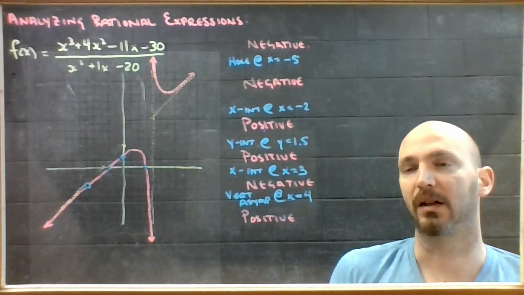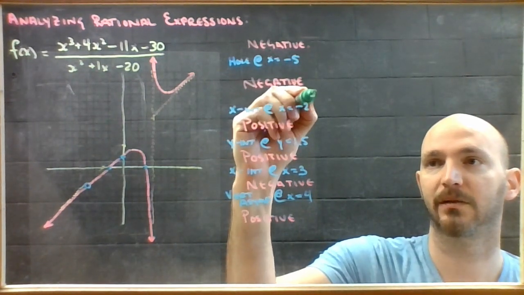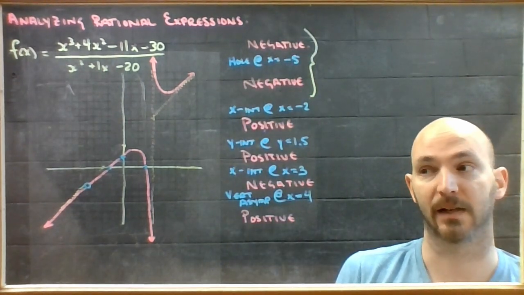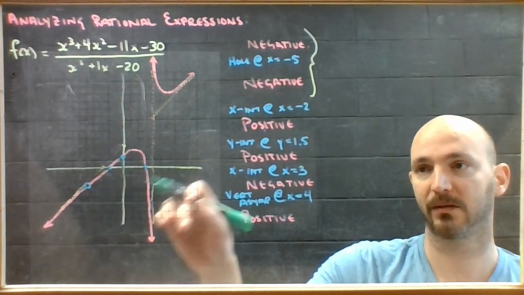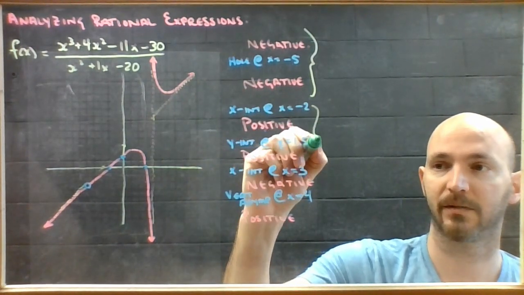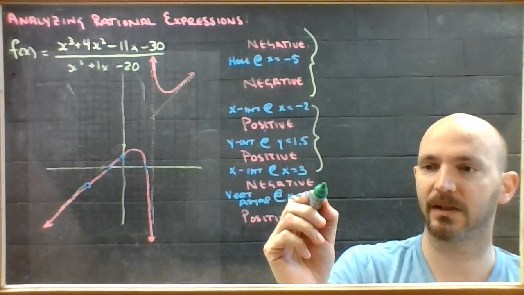So if I look, then I have this range here where it was below the x-axis, right? Everything from here down. And it's positive in this range. And then it's negative in this section.